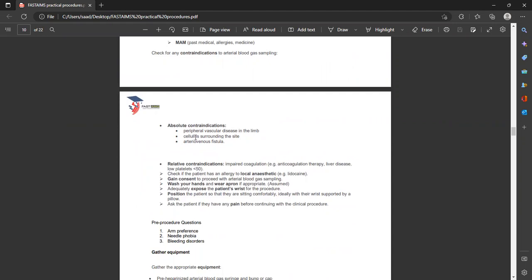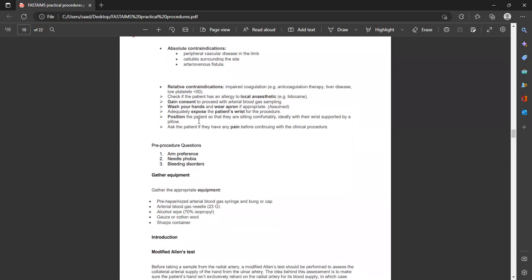Now you would ask if you are having any skin problems, if there is a fistula on your arm, but you just have to ask about skin problems and go on. These are not common contraindications. You will see the patient there, and the patient would be fine, sitting on the chair. So I have just written these contraindications and related contraindications so that you can have an idea of what they are.